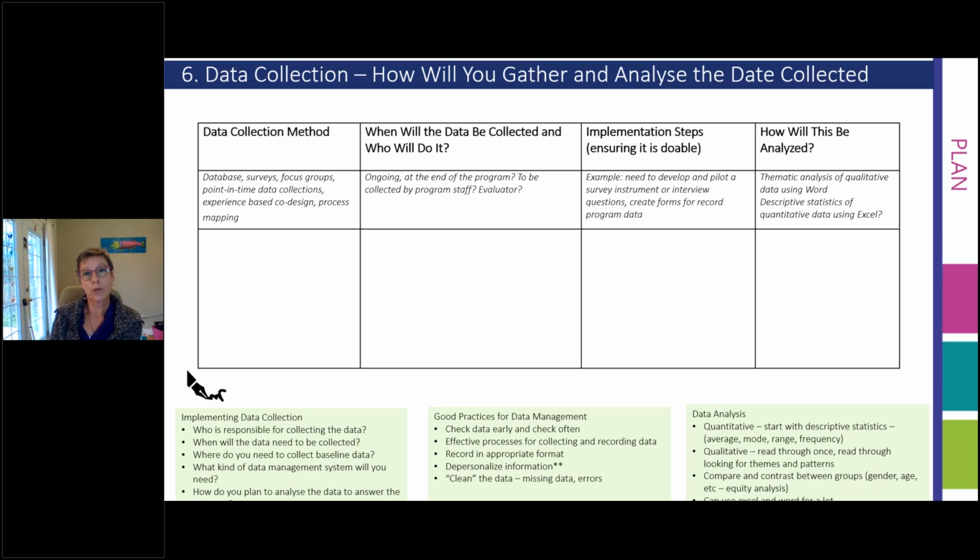So how will you gather and analyze the data collected? Now we're really getting down to the nitty gritty. And this is one place where you start to maybe look and say, wow, it was a great idea, but when we actually looked at it, this isn't going to work quite the way that we thought it was going to work. So maybe our data collection method, we thought that we would be able to pull from program records.